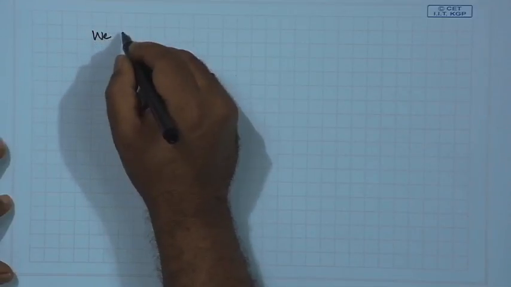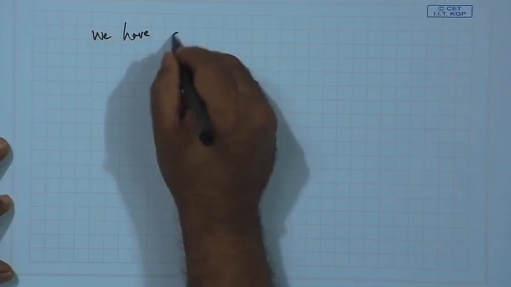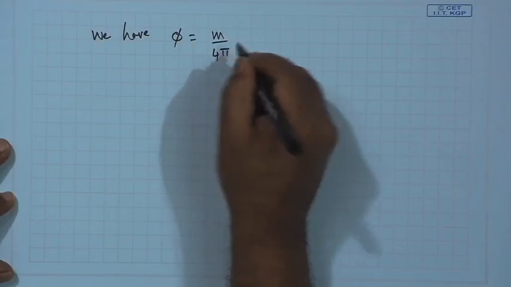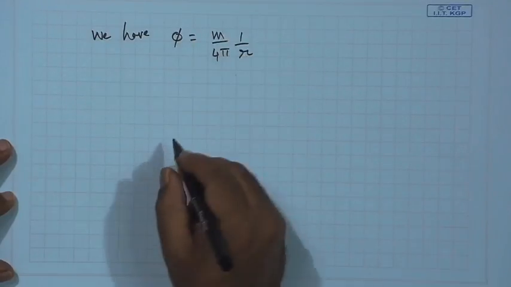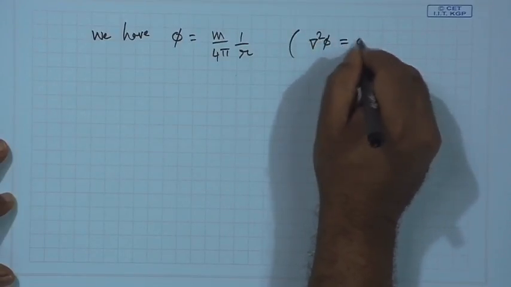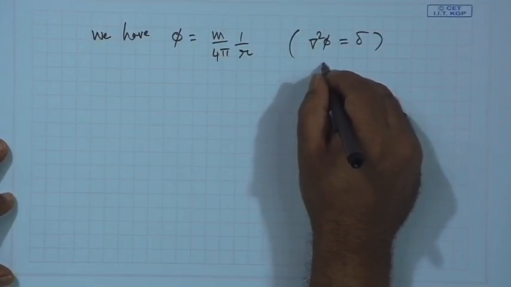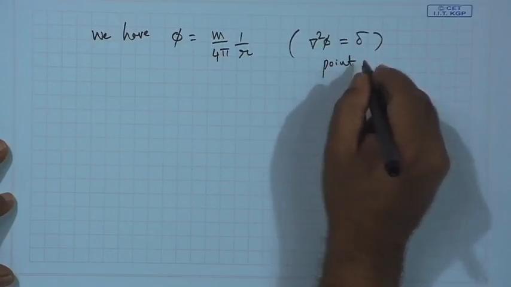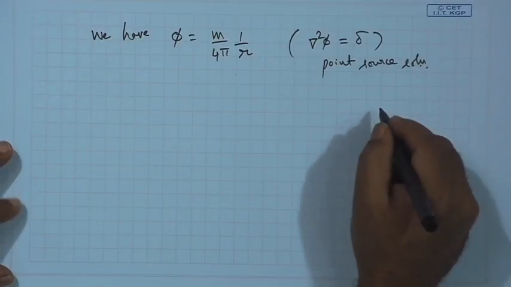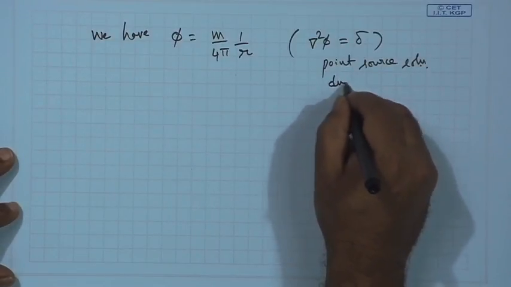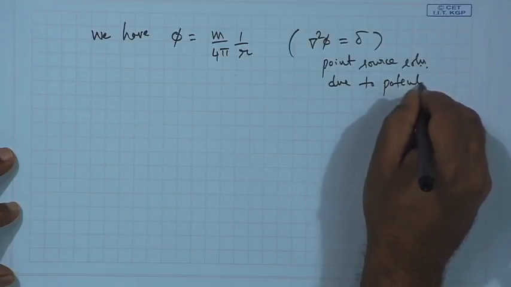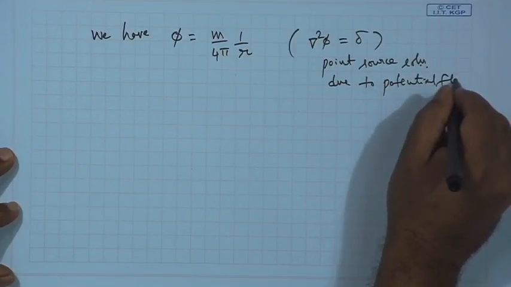How are we getting it? We have phi equals say m by 4 pi times 1 over r. This is by virtue of the point source solution due to potential flow.